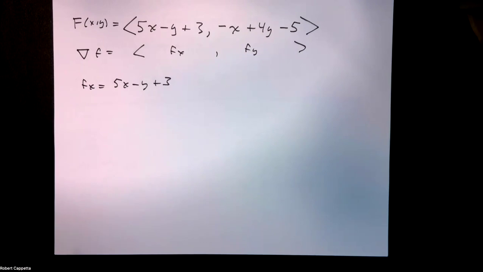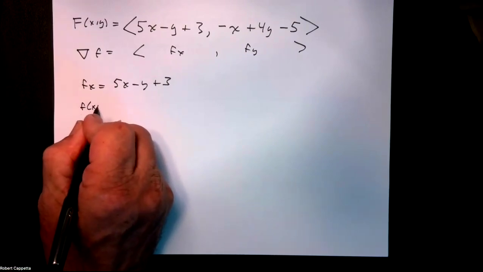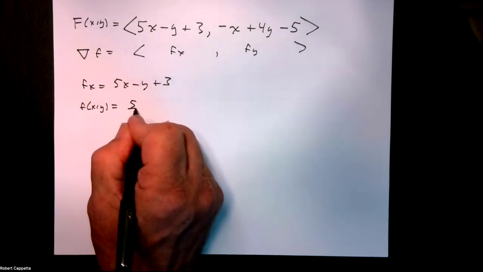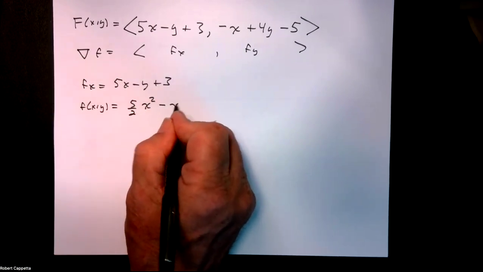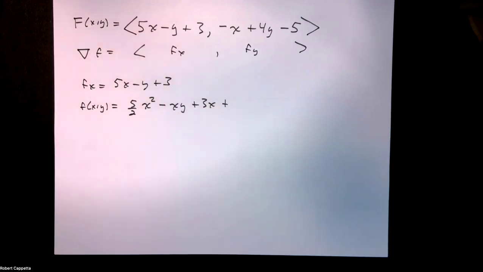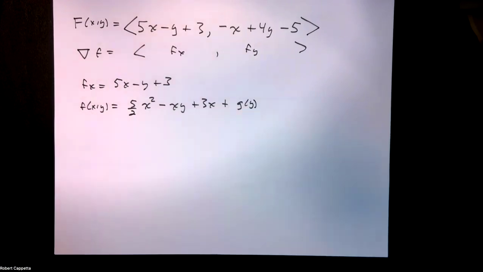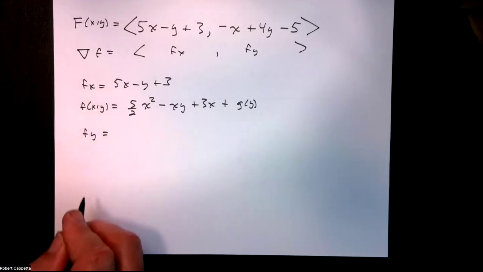So then what would f be, integrating this with respect to x? f of x, y would be 5 times x squared over 2, so 5 halves x squared, y is perceived as a constant, minus xy plus 3x plus, not a constant, but any function of y, plus g of y.